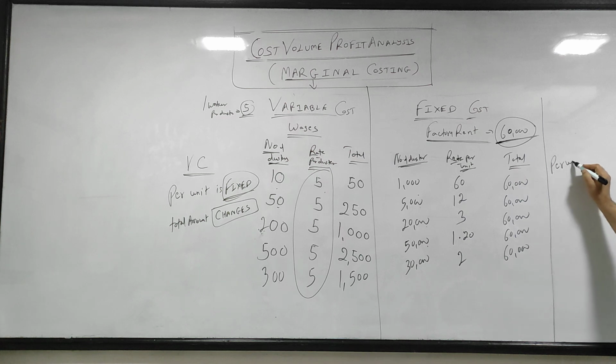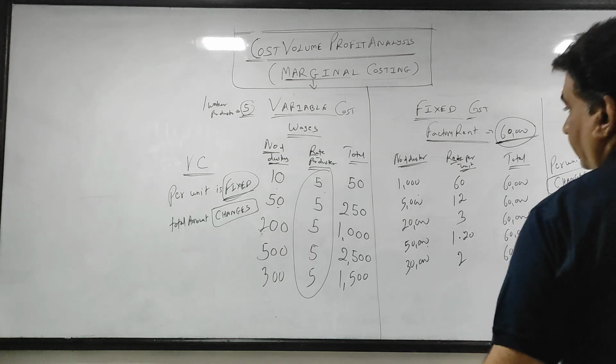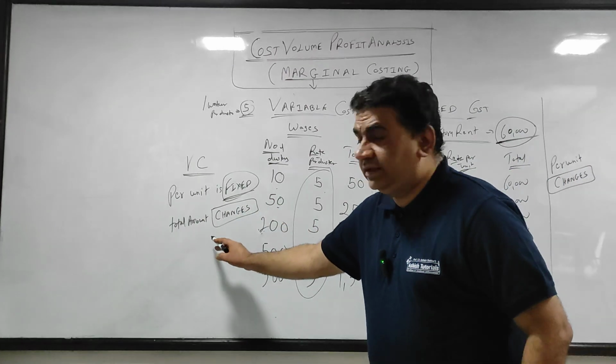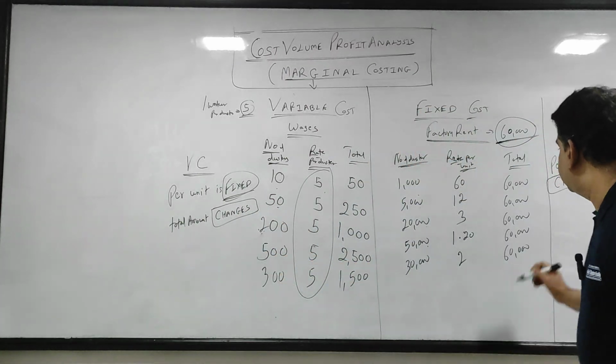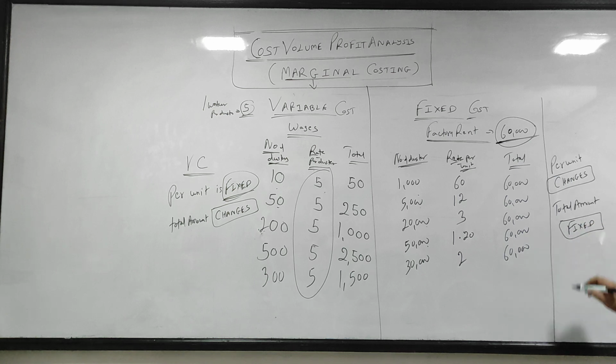So fixed cost में per unit changes, and यहां पे क्या था? टोटल अमाउंट चेंजेस. यहां पे टोटल अमाउंट रिमेन्स फिक्स्ड.